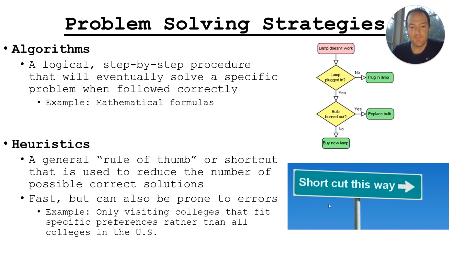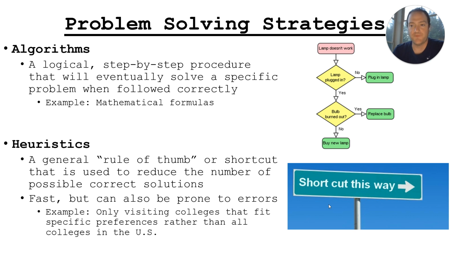The other example at the bottom: those of you that are seniors, hopefully you're watching this video and participating, but we'll see. When you're trying to figure out where you want to go to college, you're probably not going to visit every single college in the country and then make your decision. It'd be impractical.